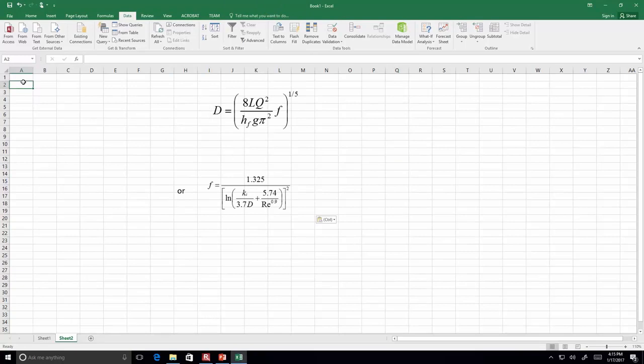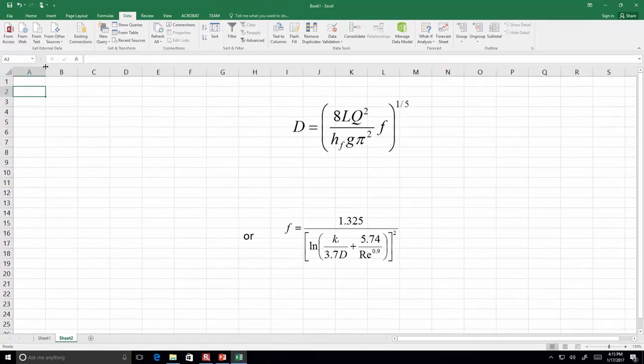All right, so I'm going to put in some givens. Our flow rate from the problem description in terms of cubic meters per second is 0.3, because it said 300 liters per second. And now we have the K sub S. I'm going to write this one in terms of meters, 0.00026. The length of the pipe section is 40 meters long.